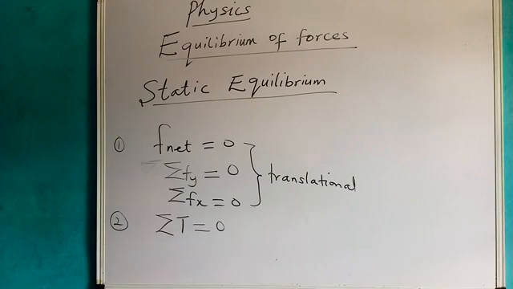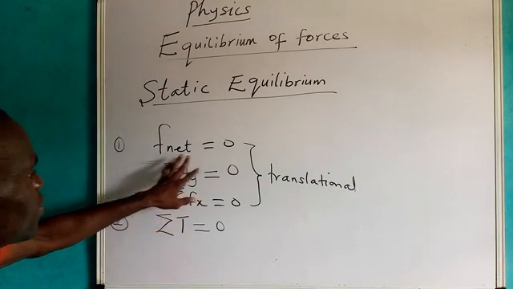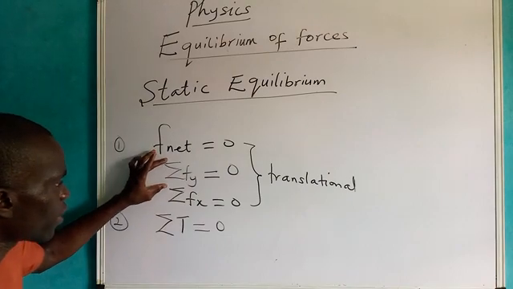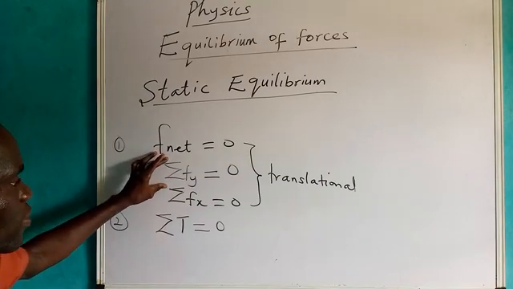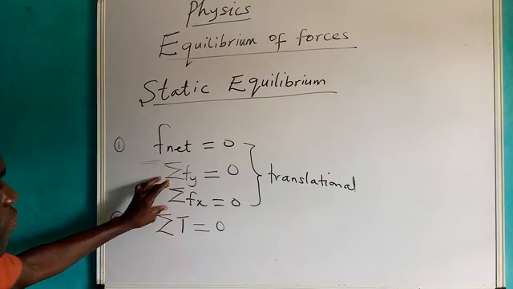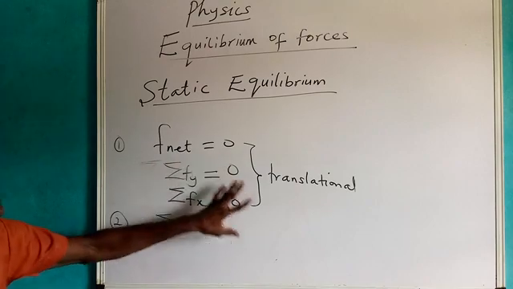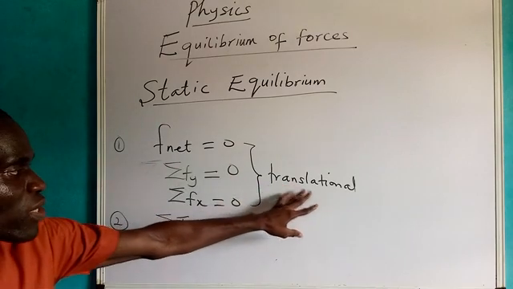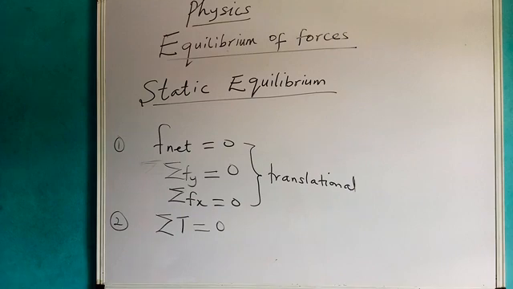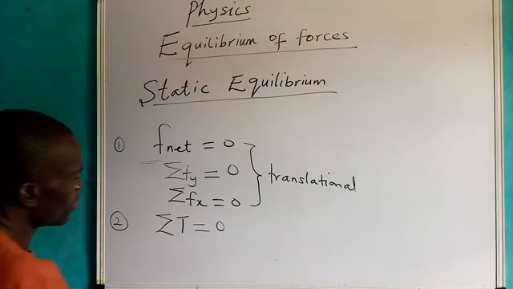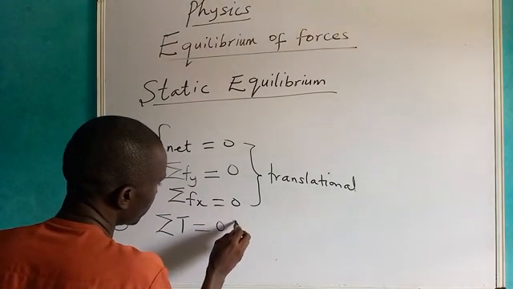It means that the net force must be zero. Under this net force, we look at the components: the sum of the forces in the y direction and the sum of the forces in the x direction must be zero, and this has to do with translational equilibrium. But the sum of the torque has to do with rotational equilibrium. Please take note of this.